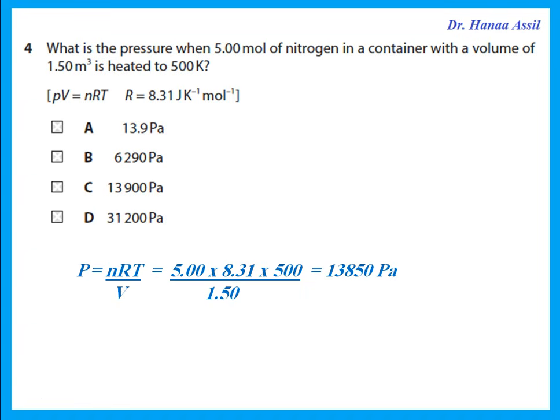He already gives it to me in meter cubed. If he gave it to me in centimeter cubed, for example, then I'll have to convert it. Okay, so this comes out to a pressure of exactly 13,850, but he rounds up his numbers, so this is approximately 13,900 Pascal.